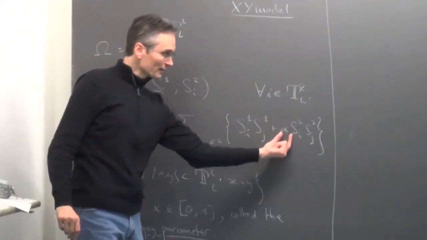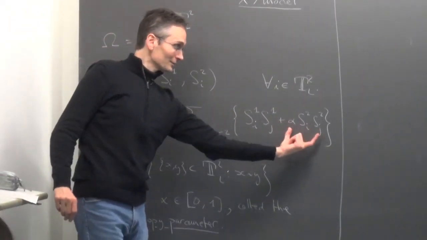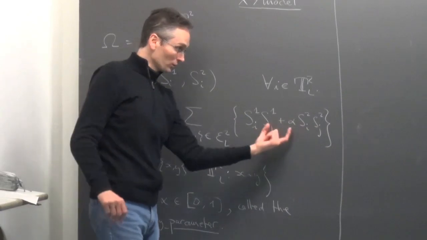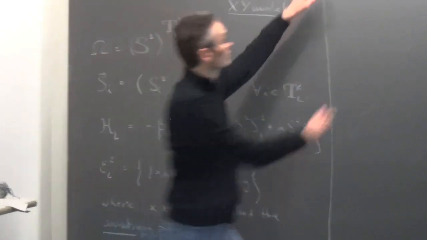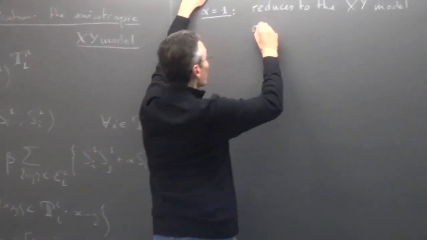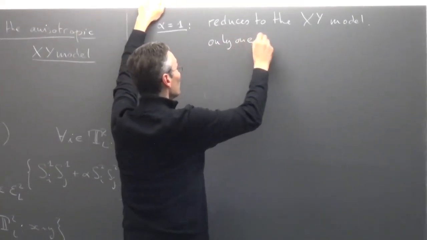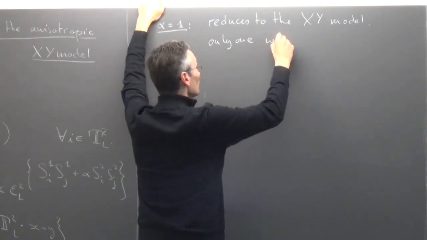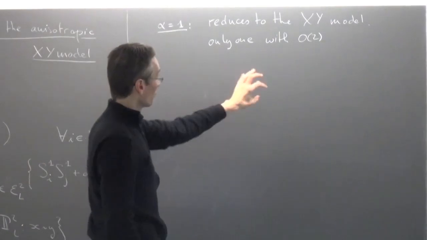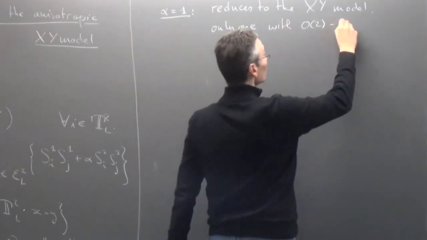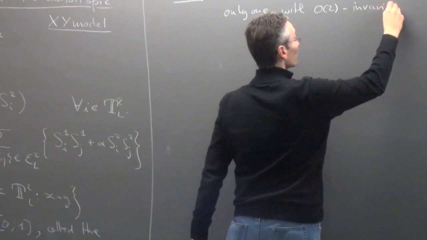In general, when alpha is different from 1, this breaks the O(2) symmetry that the XY model enjoys. So the XY model, the case alpha equals 1, is the only one with a Hamiltonian which is invariant under the action of a continuous symmetry group with O(2) invariance.